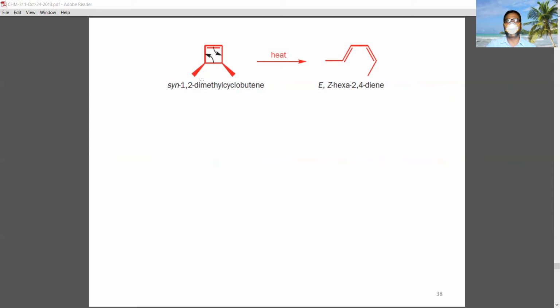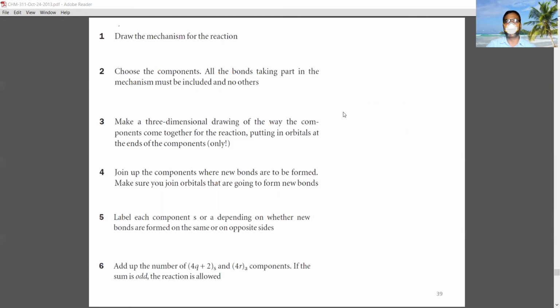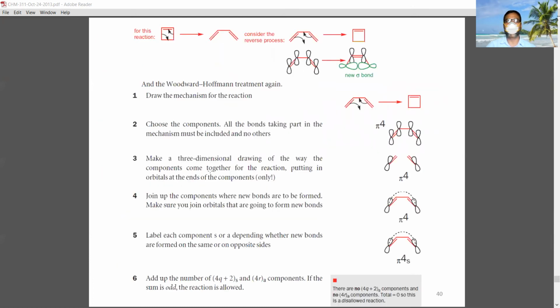Here you can see cis-1,2-dimethylcyclobutene, E,Z-hexa-2,4-diene. So draw the mechanism as it is, or you can follow all the rules. You can see drawing pi 4, pi 4. So there are no 4q+2s components and no 4ra components.